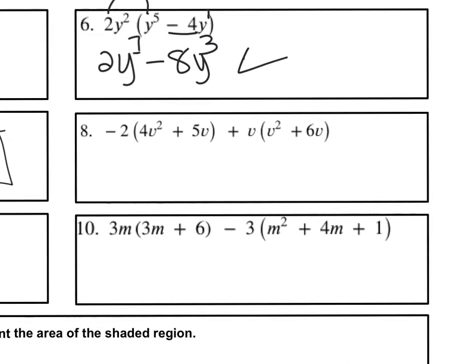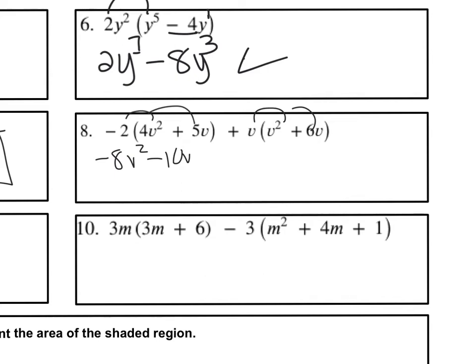The next we have to distribute, and then we'll combine like terms. So negative 2 times 4v squared is negative 8v squared, and then minus 10v or u, whatever those are.